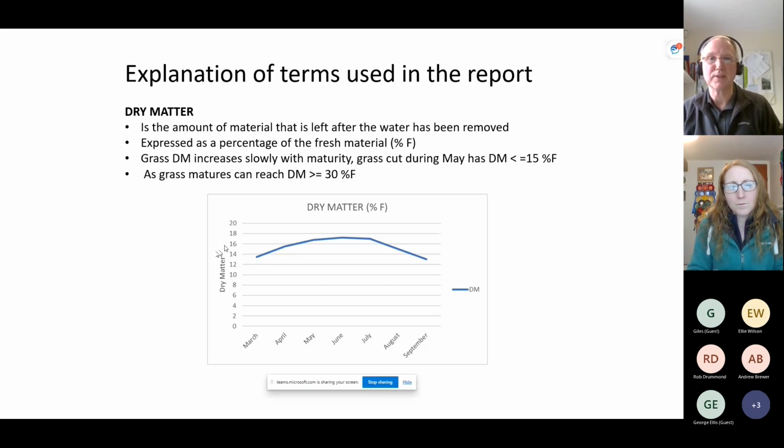We're talking about a wet spring, so that'll have a different effect on the relative amount of dry matter in grass. But you can get grasses that, when they're mature, the dry matters can actually reach higher than 30%. But of course, that's maybe getting into something like hay or something that's very stemmy.